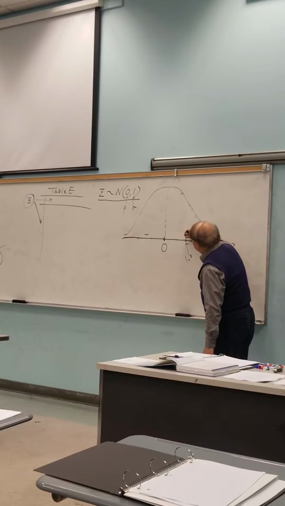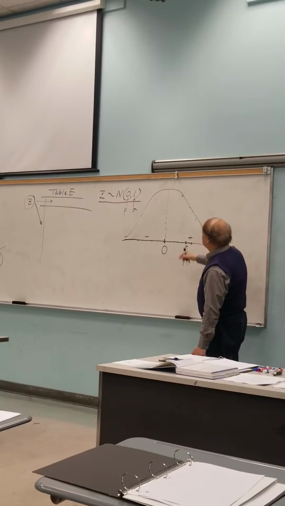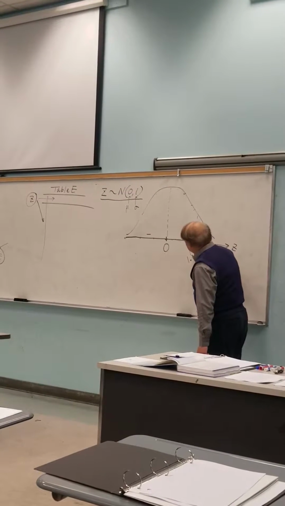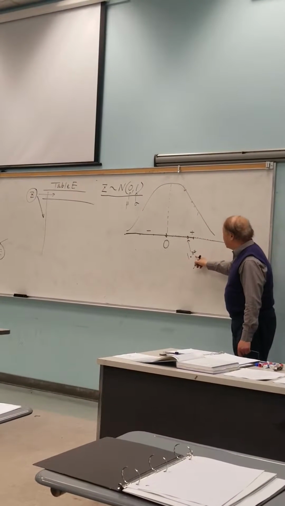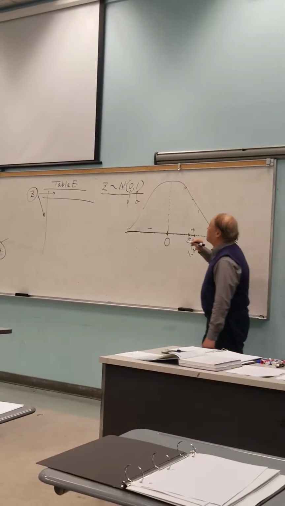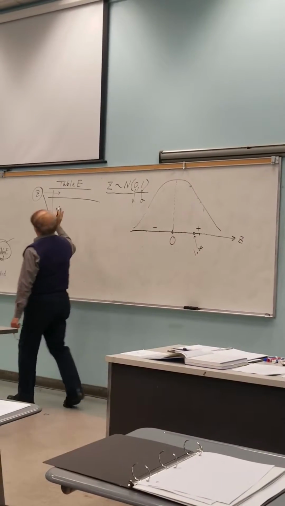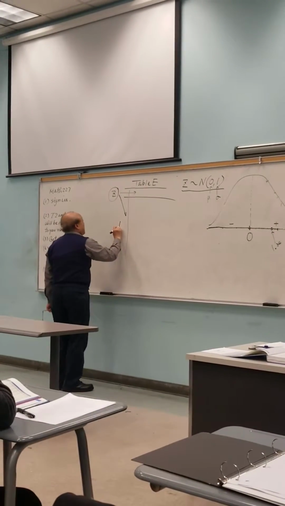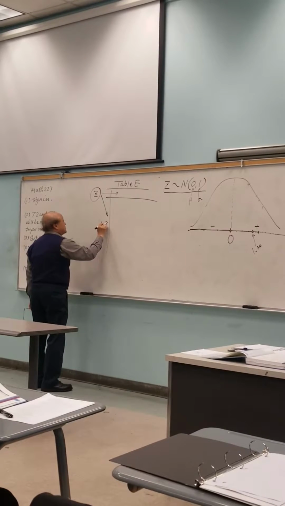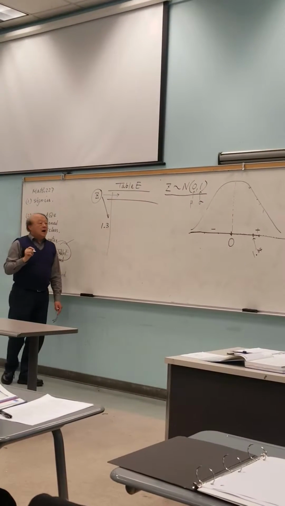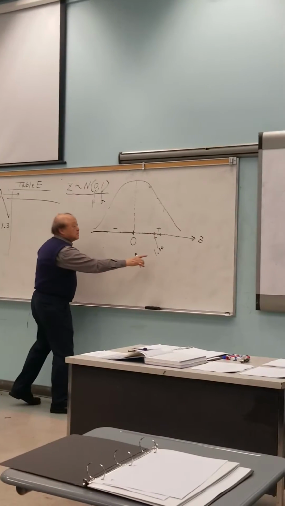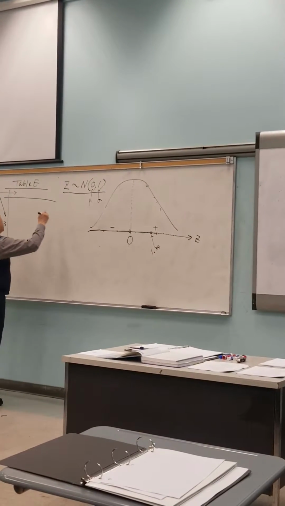Now suppose you have a positive Z-score, 1.34. How do you find this Z-score in the table? First, you go to the left column and find 1.3, the first decimal place. How about the second digit? 0.04 is on top.